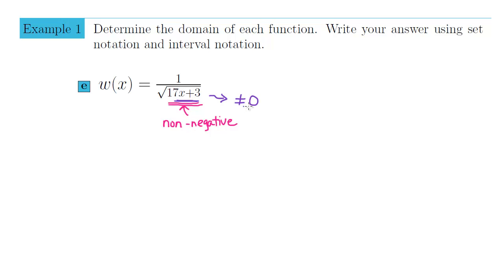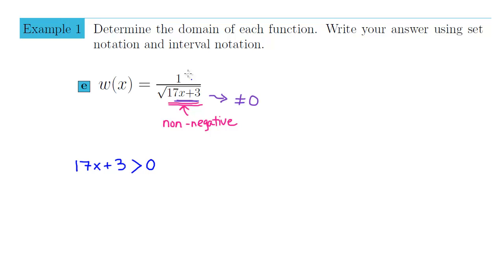So it's neither negative nor 0. So 17x plus 3 cannot be negative and it can't be 0. That means it must be a positive number only. In fact, it must be strictly greater than 0.